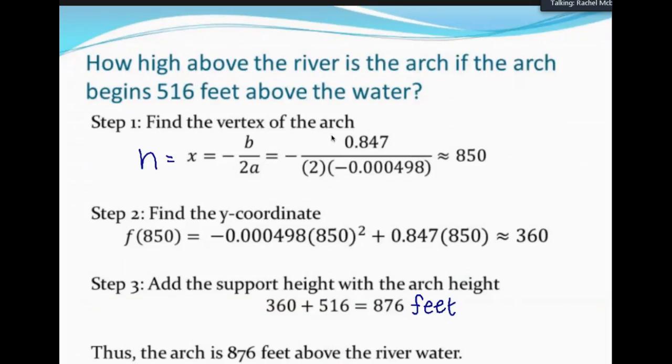So you're going to fill in your negative b, fill in your 2, fill in your a, and get your approximate value. Now this would be a calculator style question because look at those decimals. So I already have the work up. What I'd like you to do is use your calculator and try to match those values.